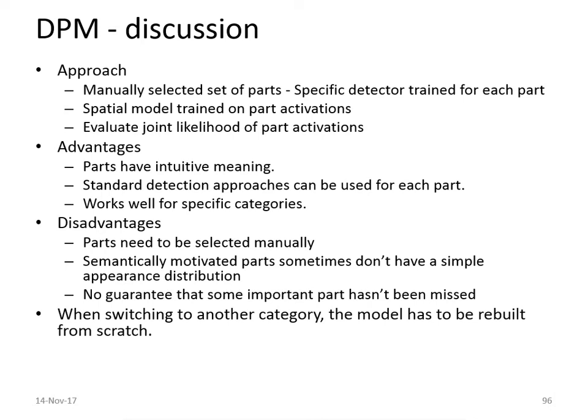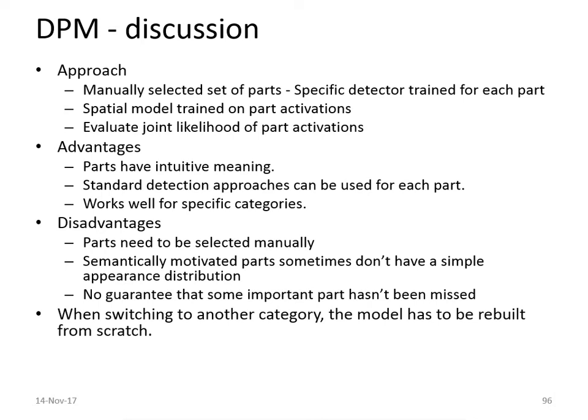You just combine the part models and the root models together, and take into account the relative position of all these locations. The advantage is that it's pretty intuitive and generic. You can combine it with other detection methods too.